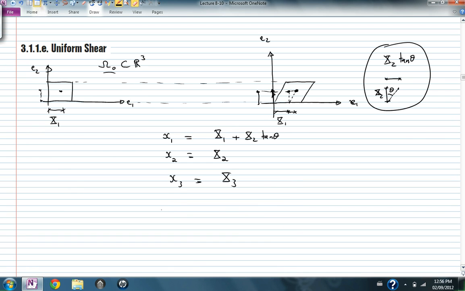or can be written in matrix form this way: x1, x2, x3. The new position vector is equal to 1, tan theta, 0, 0, 1, 0, 0, 0, 1 multiplied by capital X1, capital X2, capital X3.